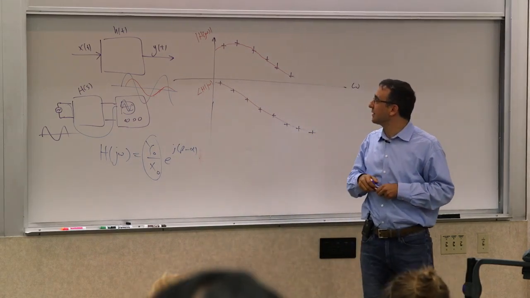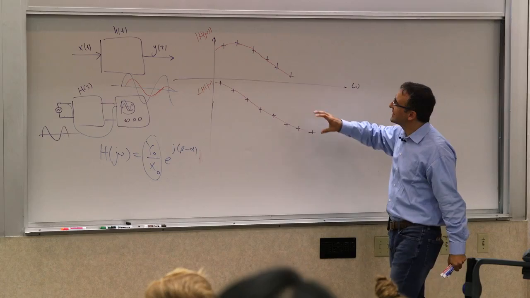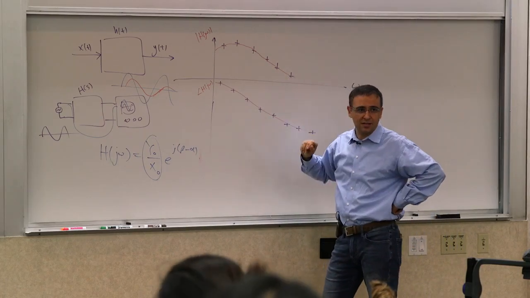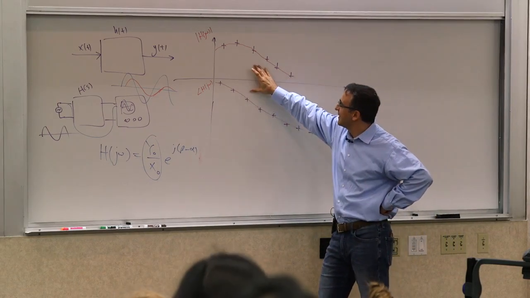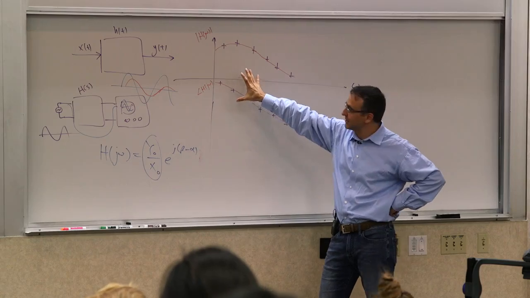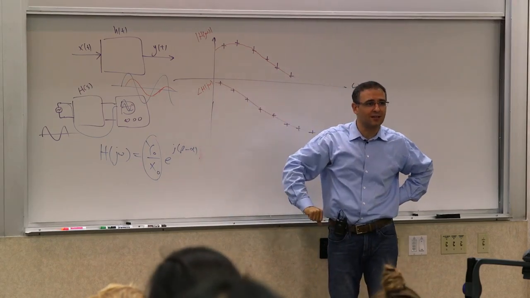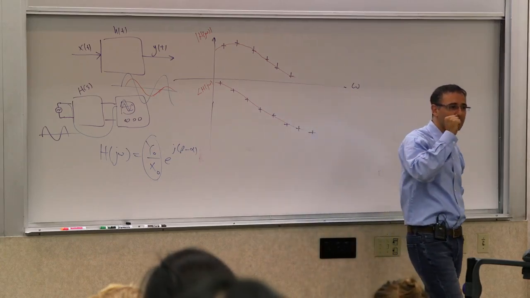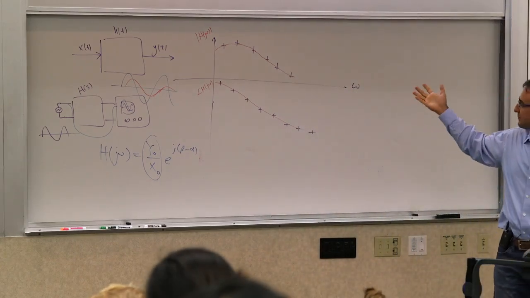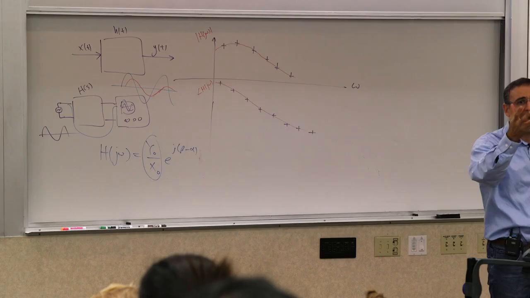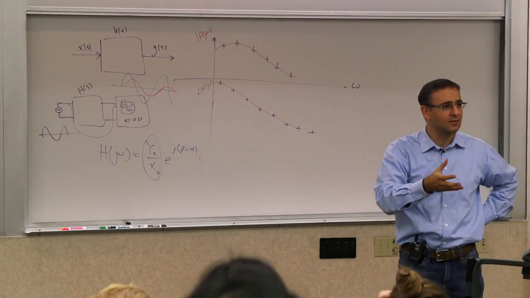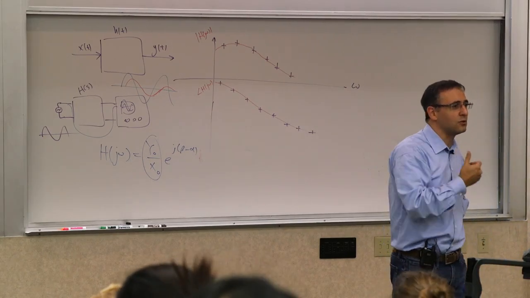Now if I have a second system that I've characterized this way, these are almost called Bode plots. Let's say I have two of these things for two systems, and they're in cascade. Can you tell me what this plot would look like for the aggregate, for the compound system, if I give you the individual ones?